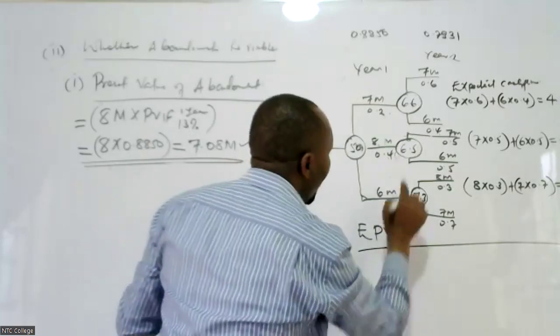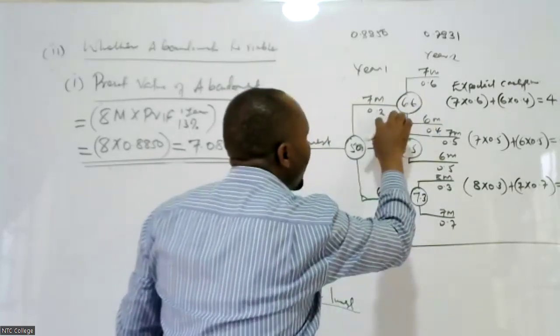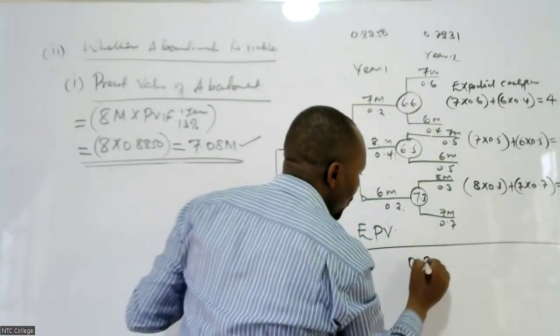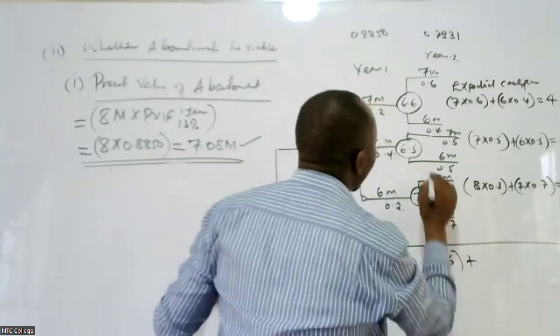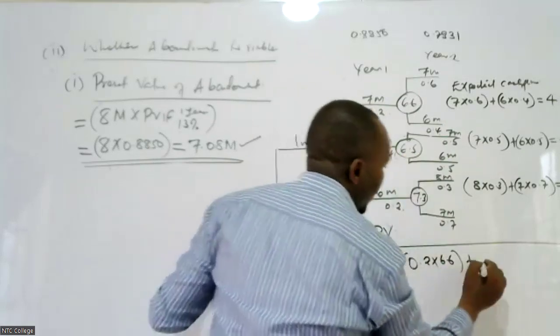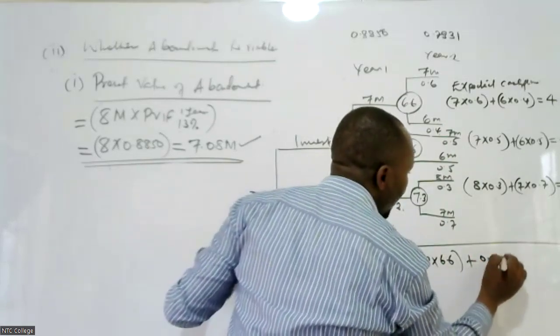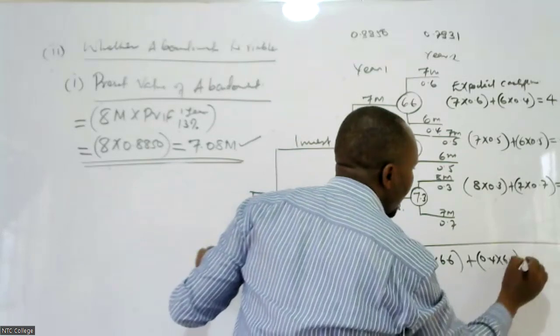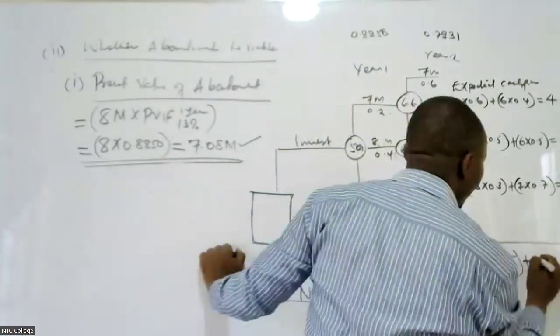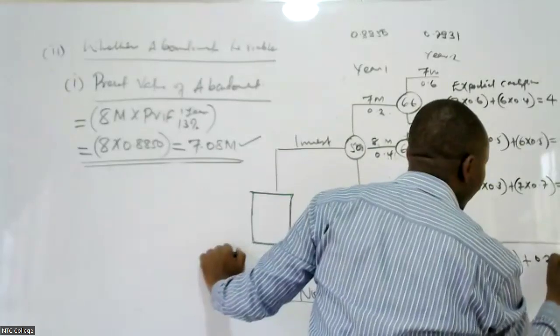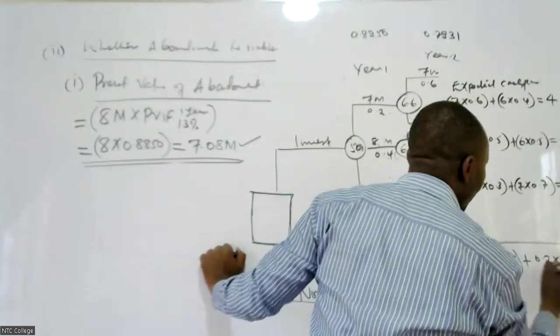For us to get 6.6, there is this probability. So this is 0.2 times 6.6 plus 0.4 times 6.5 plus 7.3. So we have 0.2 that we can get 7.3.